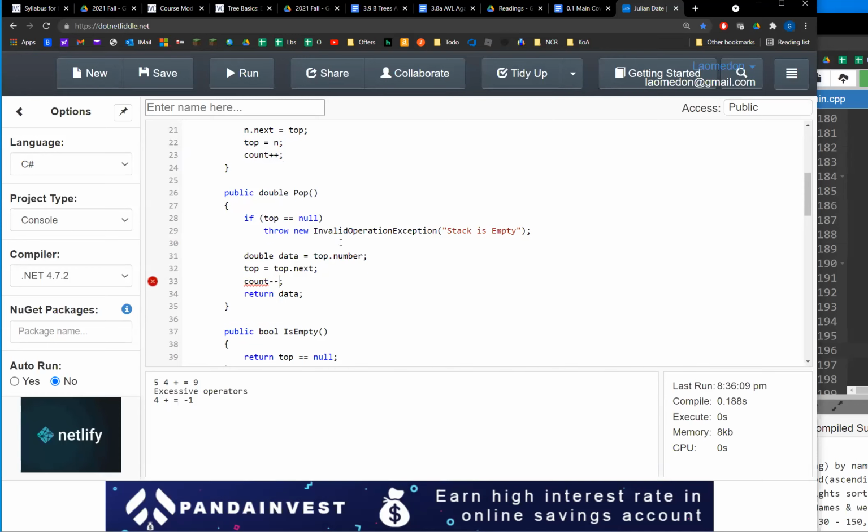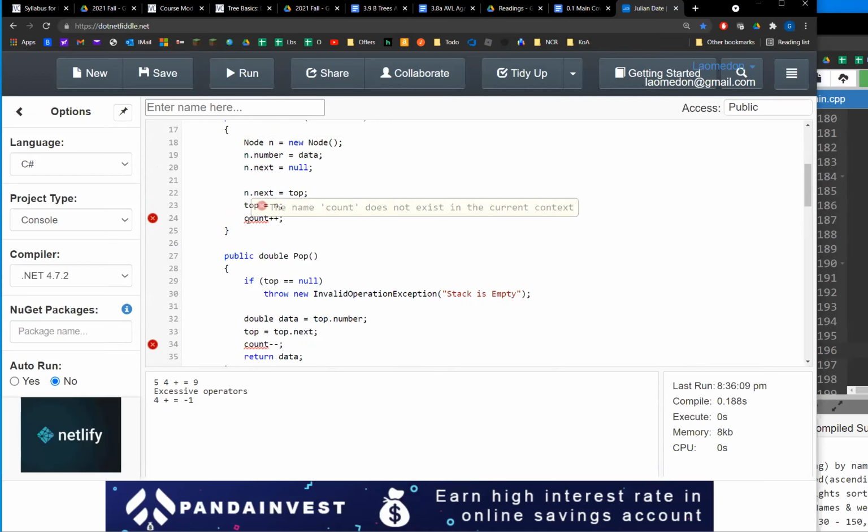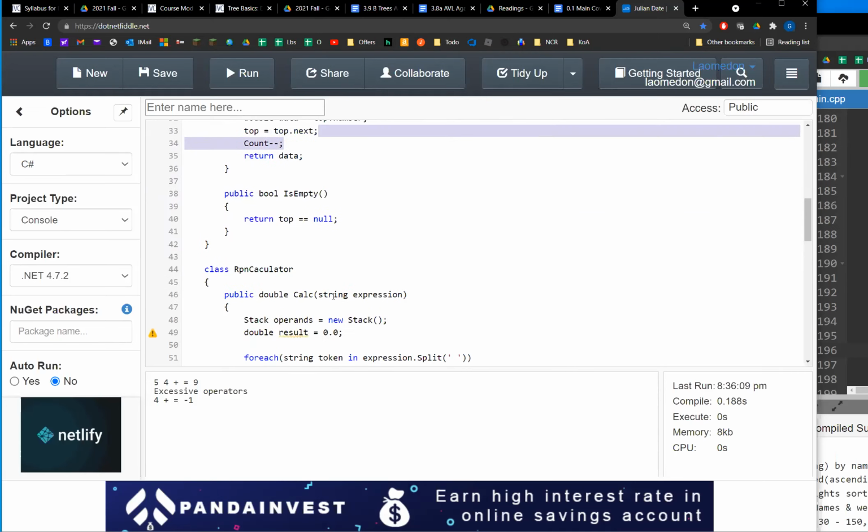So if we make the count part of the stack, whenever we add, we increment, and whenever we remove, we decrement.